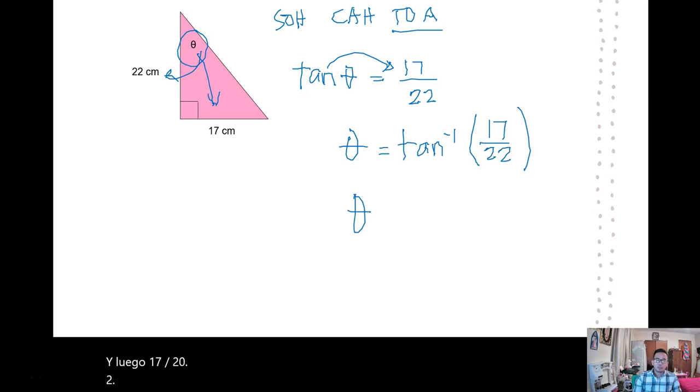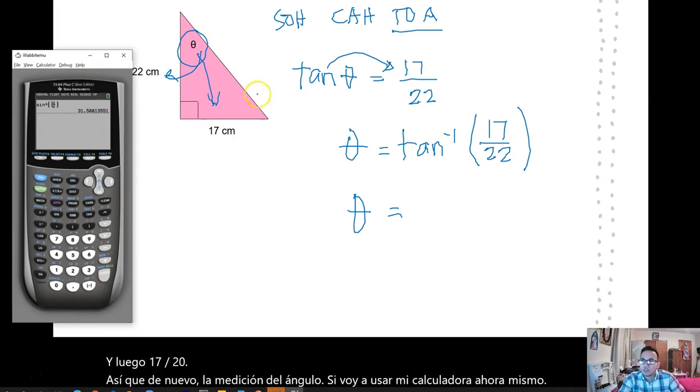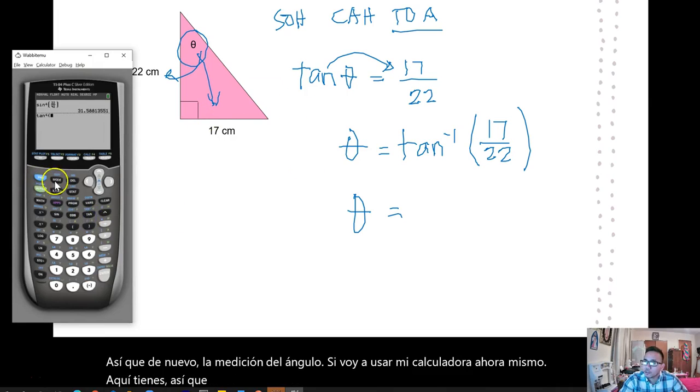So again, for the measurement of the angle, if I'm going to use my calculator right now, there you go. I'm going to press second and then arctangent, and then alpha y equals for my fraction. I'll get 1 there.